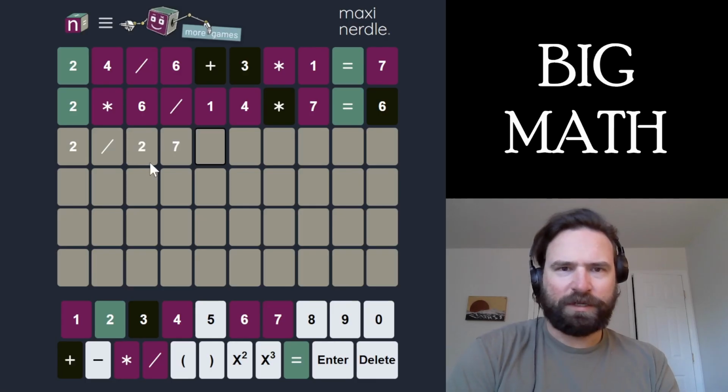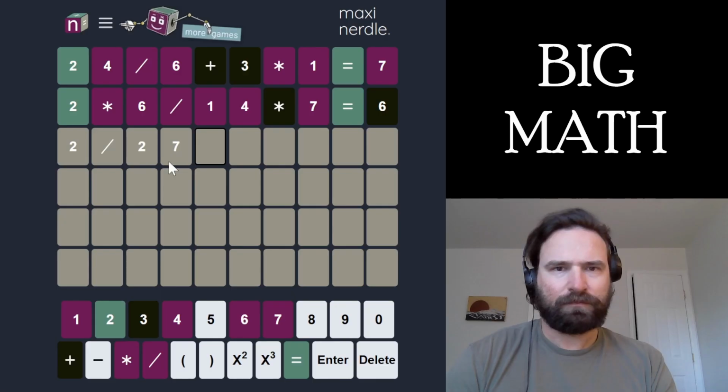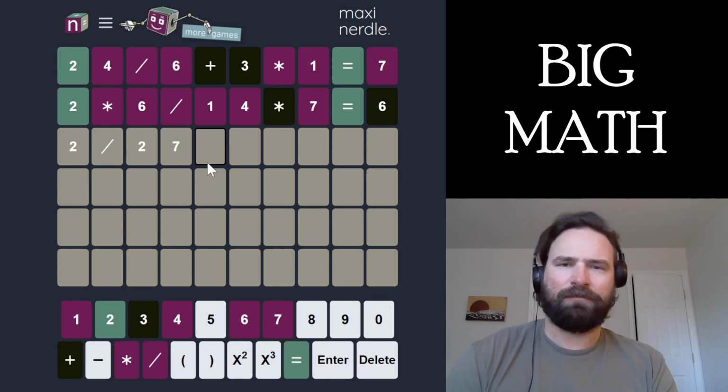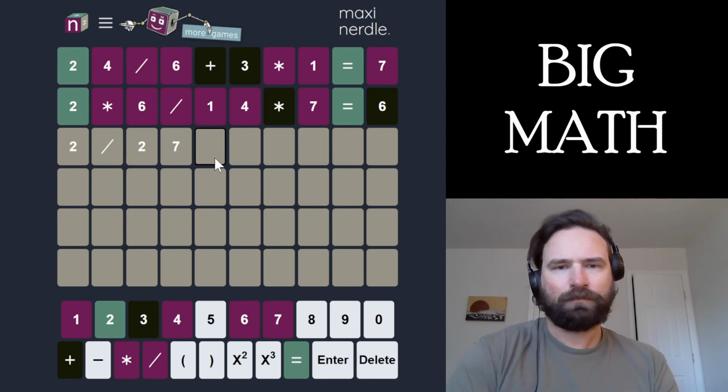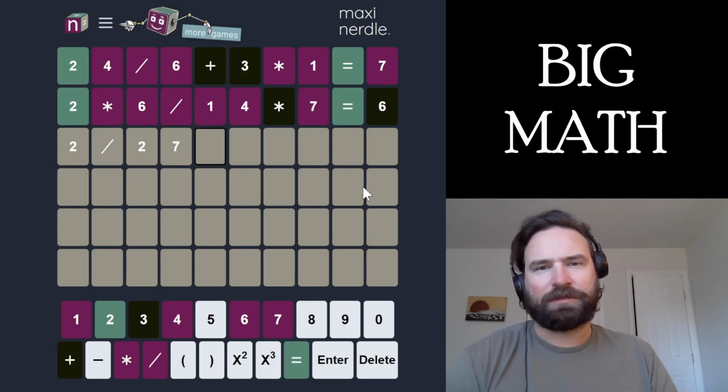Dividing by 27 is the smallest number I can think to use the 7 involving it in the division, but then I basically have to multiply by 9, or I could multiply by 6 squared. Would that work? No, it won't. If I multiply by 9 squared, that's not working. I don't know how to make this work at all.